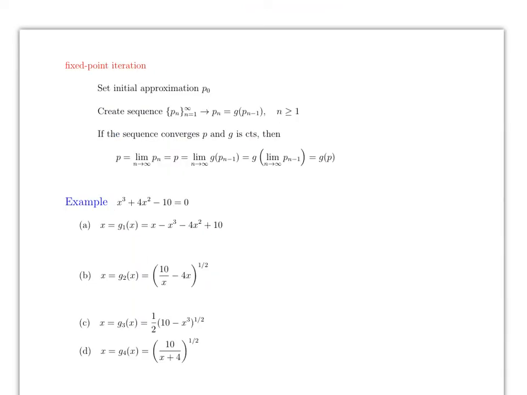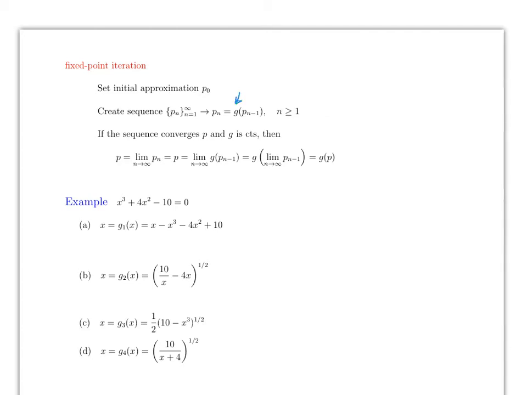All right, so let's see how fixed point iteration actually works. It's very, very simple, the process. You start with an initial approximation, P0, and then you're going to create a sequence of approximations, like P1, P2, P3, all the way to infinity. And this is technically the process. Now, whatever you pick for g, this is going to be very important.